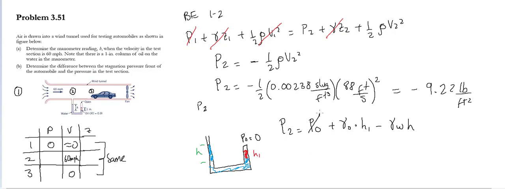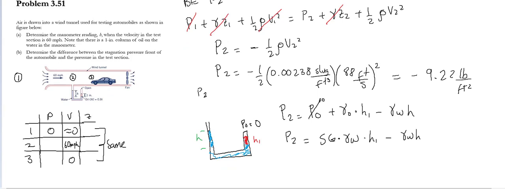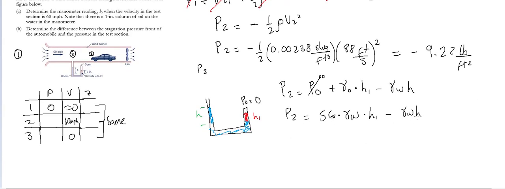We said that P0 is equal to 0, so we cancel it out. We know P2 is equal to gamma of oil, and for the gamma of oil, the specific gravity is given, so specific gravity times gamma of water times h1 minus gamma of water h. And so we're going to solve this for h.